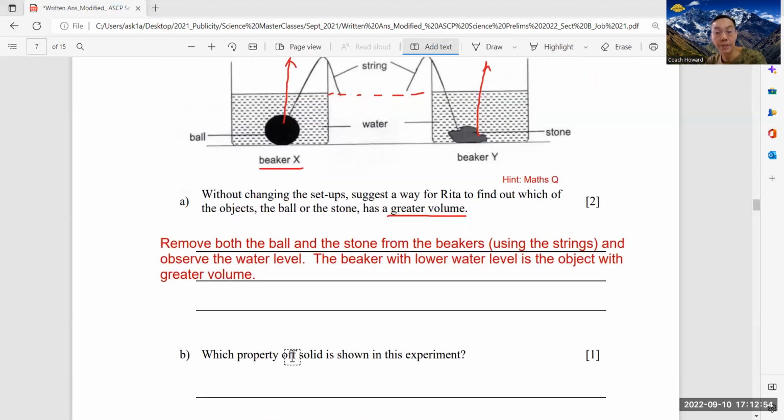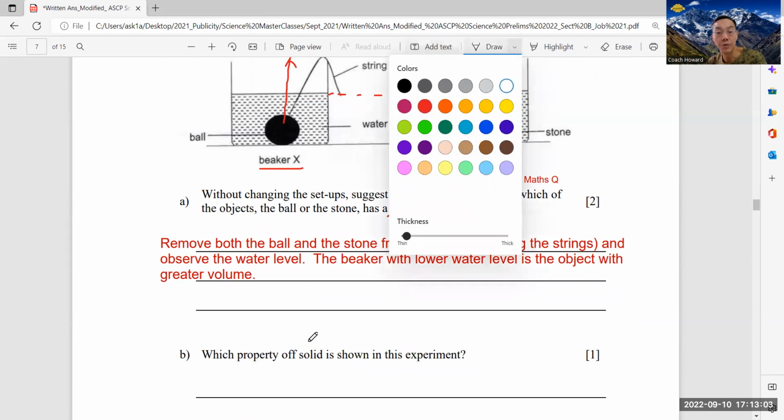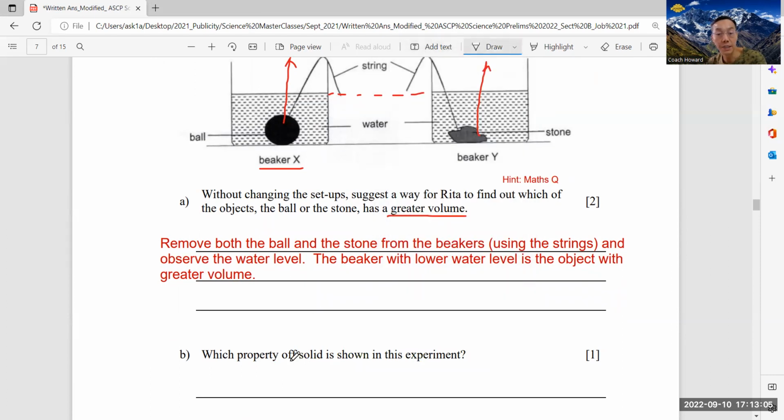Okay, there's a typo here. Which property of solid, not of, no, OFF. So you change this: which property of solid is shown in this experiment? Okay, so actually you should say solid occupies space or solid has definite volume.